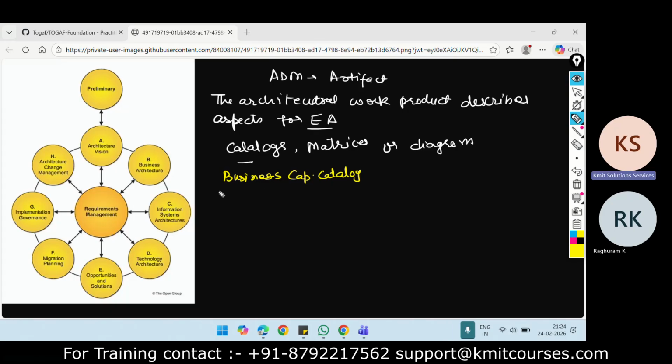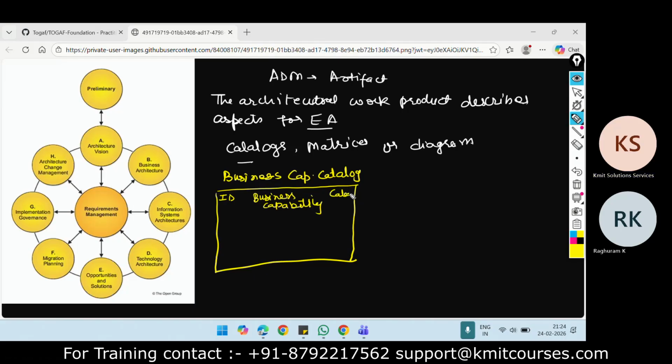Here we will create a table, and in this table we will have some columns. It can be different, but I'm saying ID, business capability, and category. So this is my catalog.